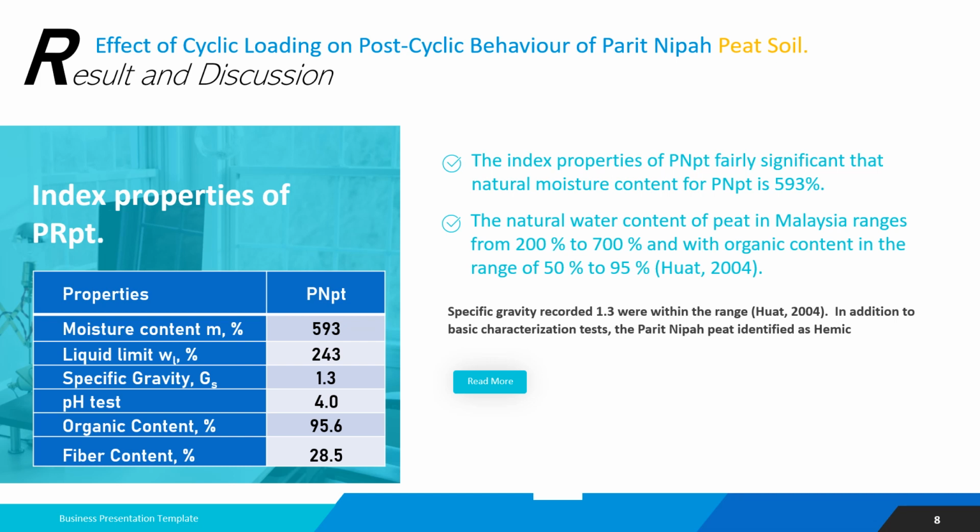Therefore, the recorded values of Parit Nipah peat soil fulfill this statement. The specific gravity recorded, 1.3, was within the range of Huat 2004. In addition to basic characterizations, the Parit Nipah peat is identified as hemic peat.